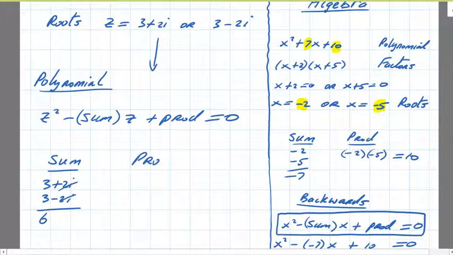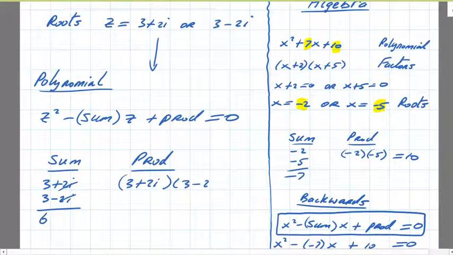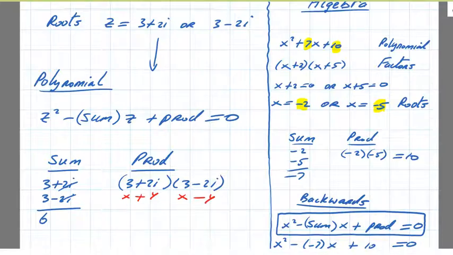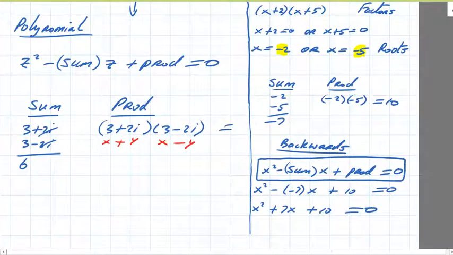Now the product is easy as well, because the product is just 3 plus 2i by 3 minus 2i. You might recognize that as a formula, difference of two squares, x plus y by x minus y. And that's a formula in algebra, and the answer is x squared minus y squared. So it's 3 squared minus what's y? Y is the 2i to be squared.